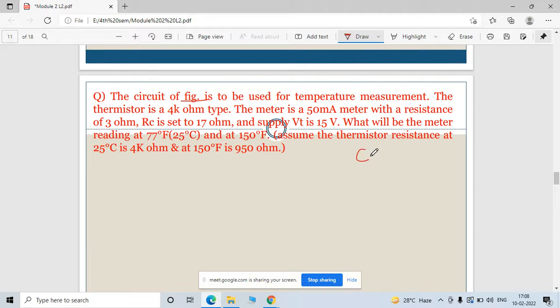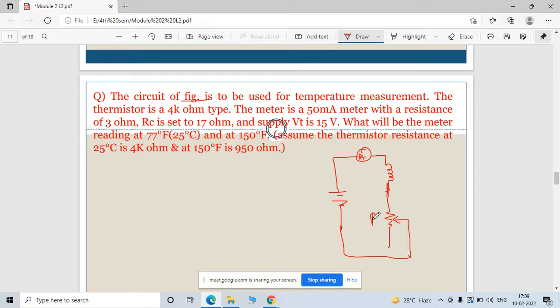The figure given to you is this: this is your emitter, this is your R1, and this is your RC, and these are the positions of this device, the port of the devices, right, which is changing.